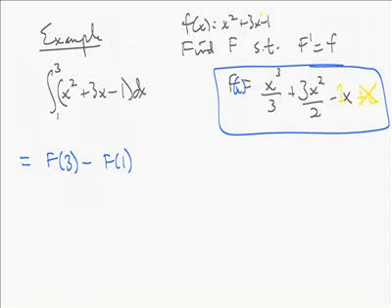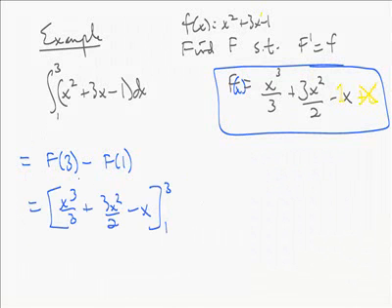Now the way we normally write that is we take our general formula for F, x cubed over 3 plus 3x squared over 2 minus x. The book uses this notation, a bracket on the right side, evaluated from 1 to 3. What I usually do, just from habit, from the way I learned when I was a youngin' about your age, is I put brackets on both sides and evaluate it from 1 to 3.